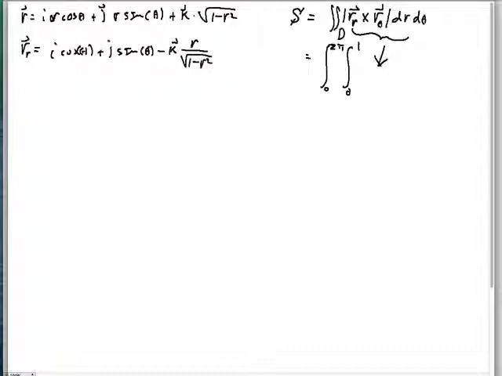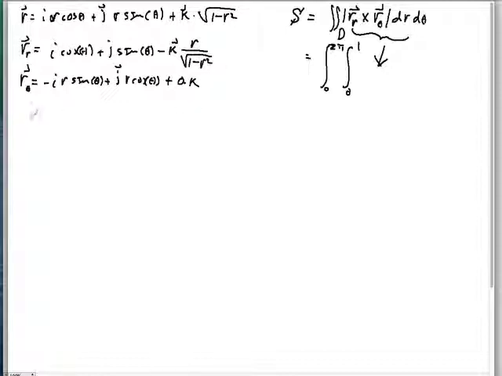So there we go. Now we need to take r theta. It's going to be i times r sine theta, and we have to remember to put a negative sign there, and then j times r cosine theta, plus 0 times k, because there's nothing with theta in the last term, so when you take the derivative you just get 0.